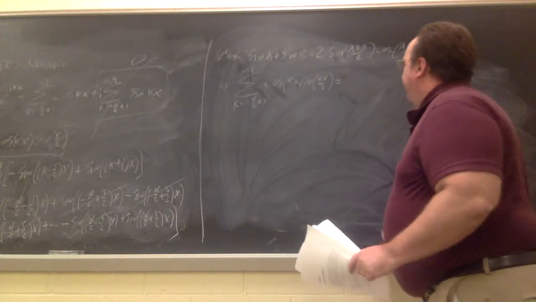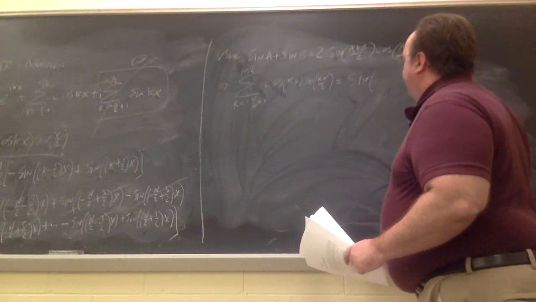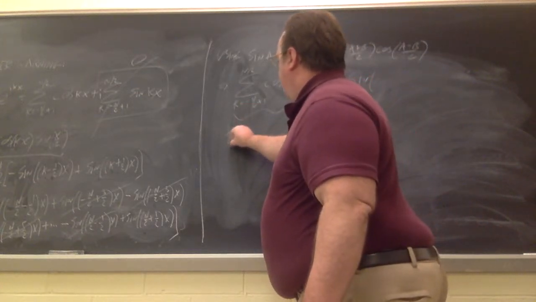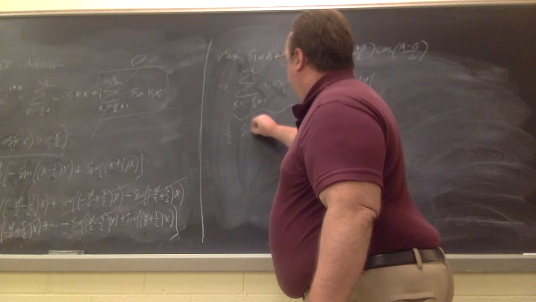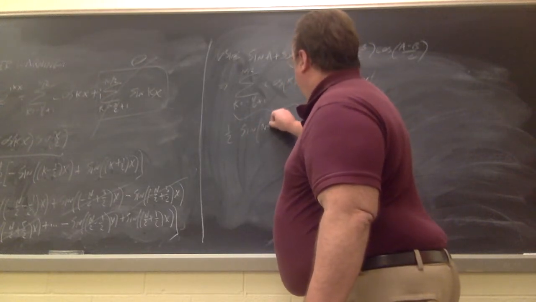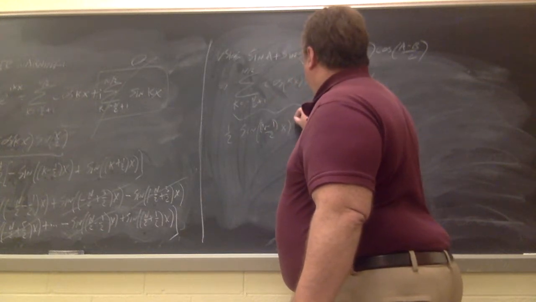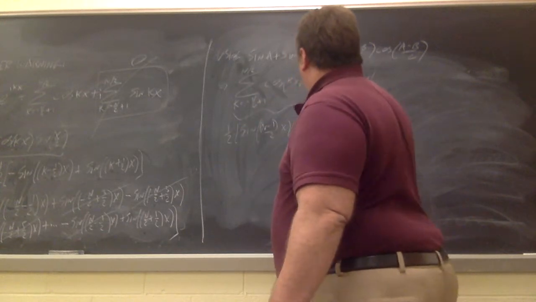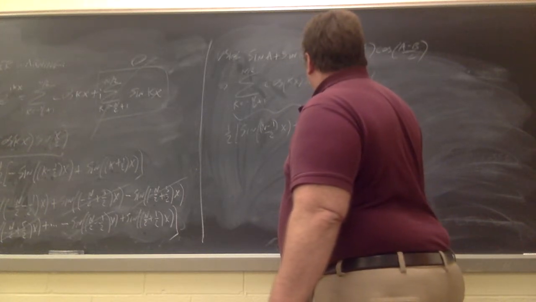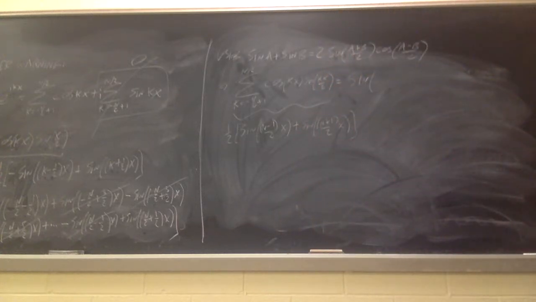So now I'm going to have 1/2 sine of n minus 1 over 2 x plus sine of n plus 1 over 2 x.